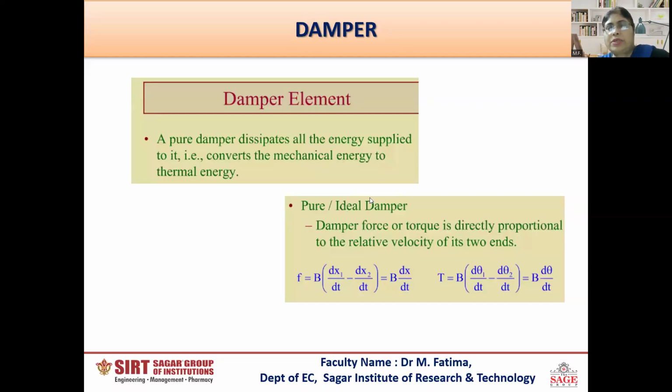If force is applied to the damper, then an opposite force will be generated by the damper, and this force is proportional to the velocity. To remove the proportionality, a proportionality constant is required. So force is equal to B dx by dt. dx by dt represents the velocity.